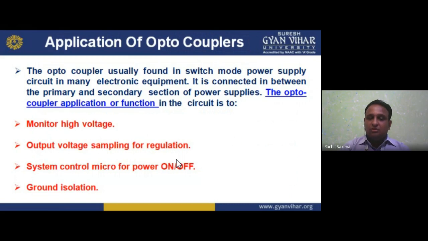What do they do basically, why are we using this? First is monitoring high voltage. Second is output voltage sampling for regulation. Third is system control by microcontroller for power on or off, and ground isolation. So we can use it for these applications. We discussed the four different ones.